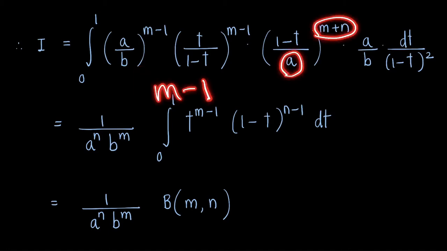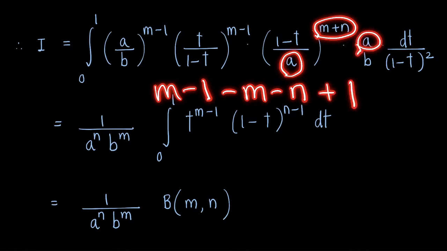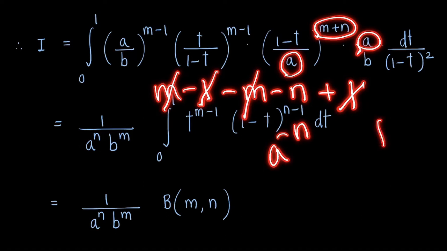Here the power of a is minus m minus n, since a is in the denominator. And here the power of a is 1. So plus 1. So this m and minus m get cancelled, minus 1 plus 1 get cancelled. So a raised to minus n, that is 1 upon a raised to n.